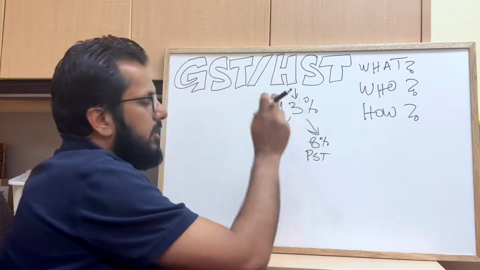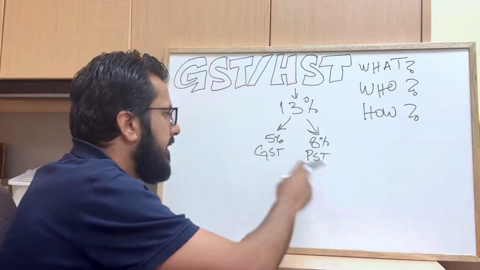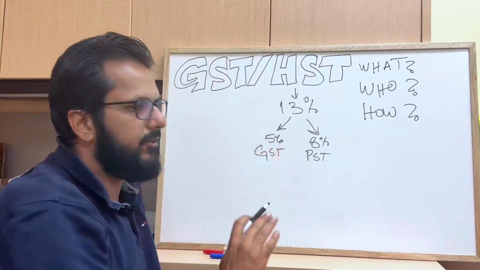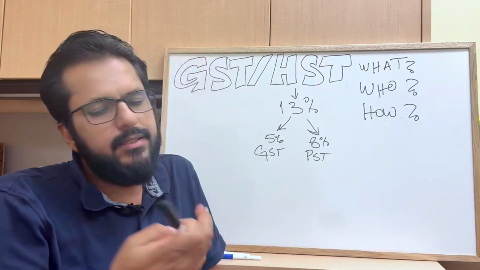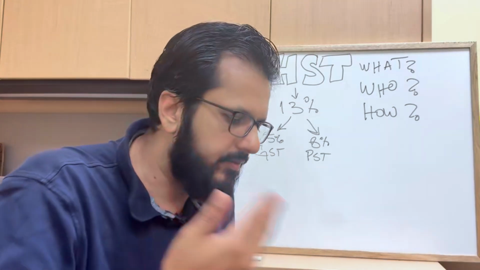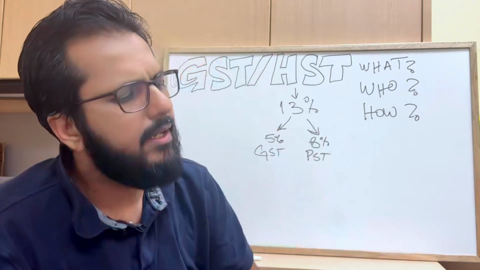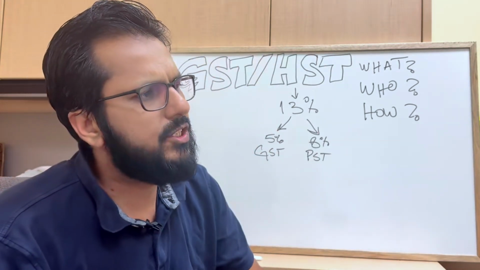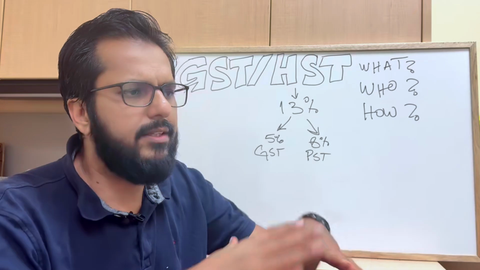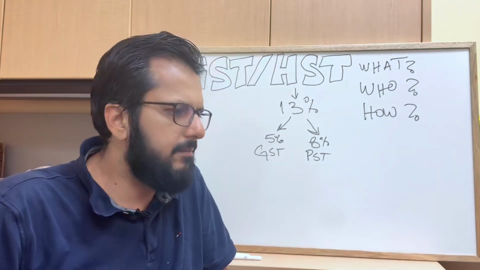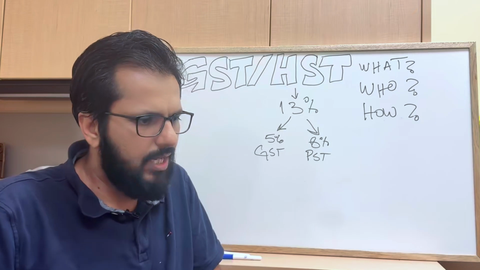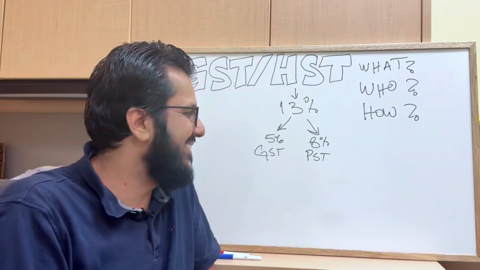This PST goes to the Ontario government. This 5% GST goes to the federal government. Why they charge it? There's further information to it, but you can say governments charge this tax to run their current activities. But we can talk about detail later.